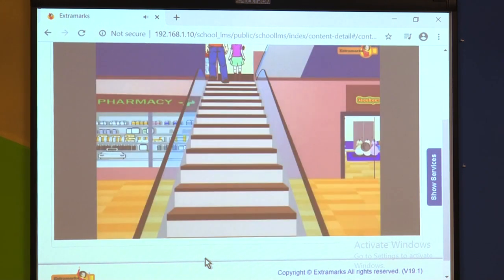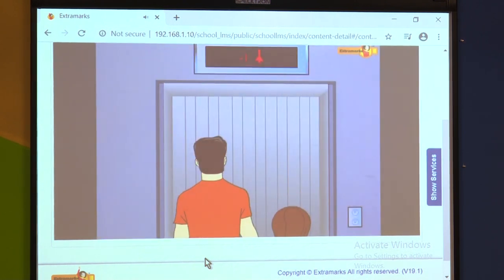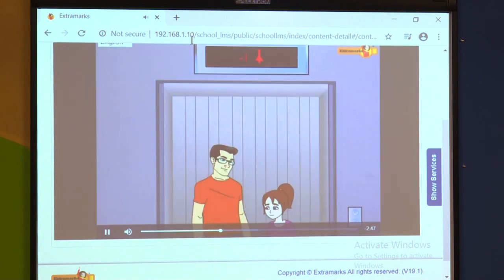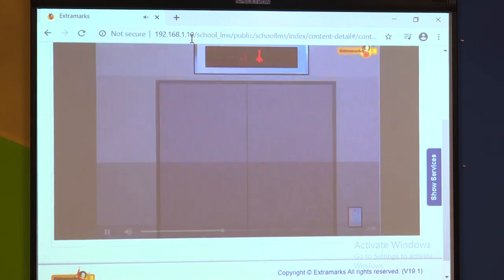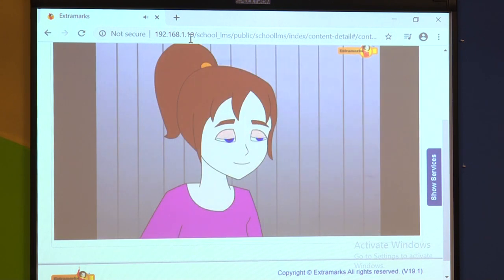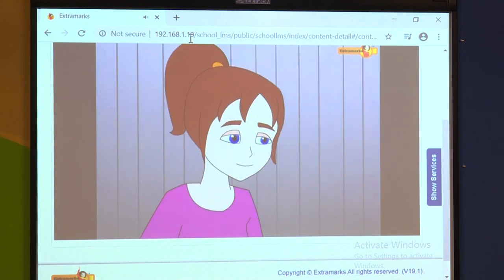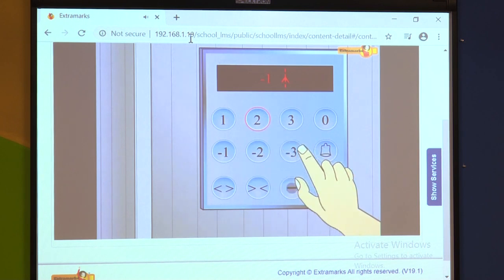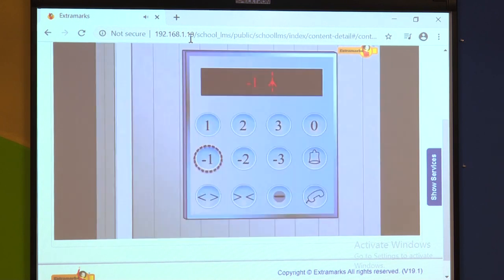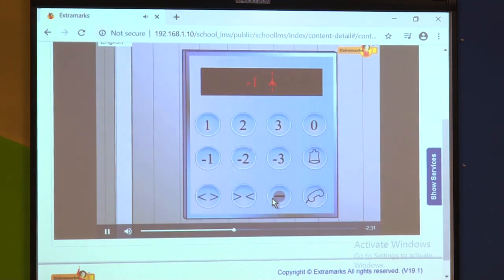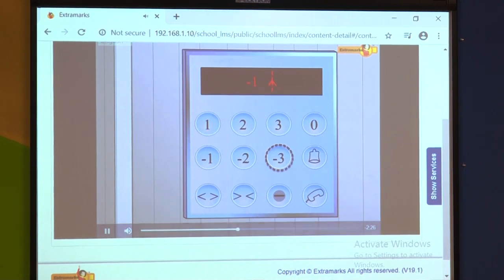0, -1, -2, -3, -4, -5. Here, -1 indicates first basement, -2 indicates second basement, and -3 indicates third basement.